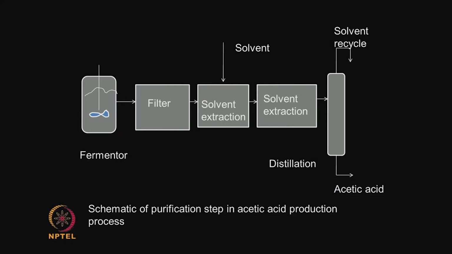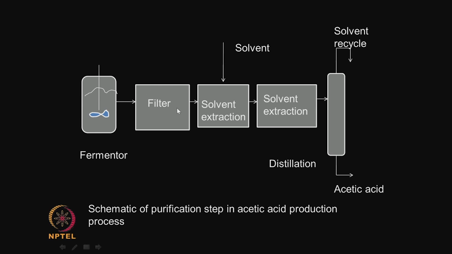That is what it is all about, and we are going to talk about it. So, this is a typical downstream process for the purification of acetic acid. Acetic acid is produced by a fermentation process, especially the vinegar which we call it, that is nothing but acetic acid, and it is produced through the fermentation route. So, immediately after the fermenter you have a filter. Why do you need a filter?